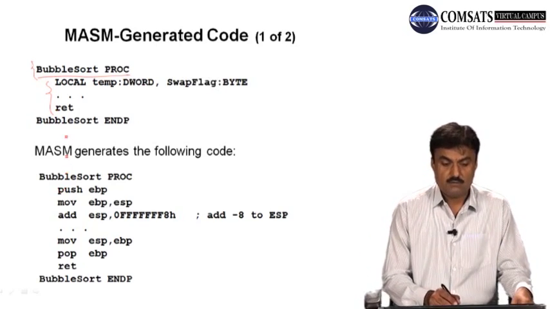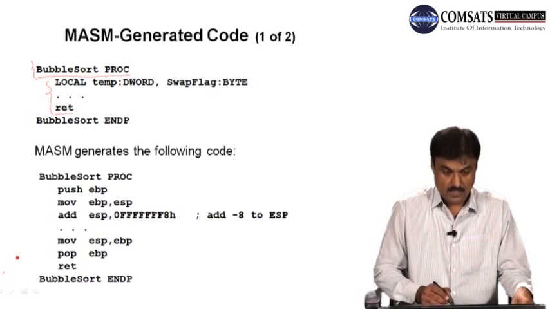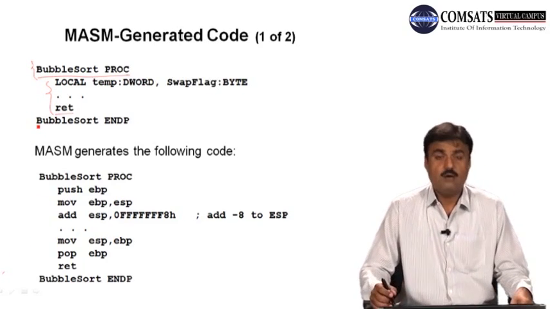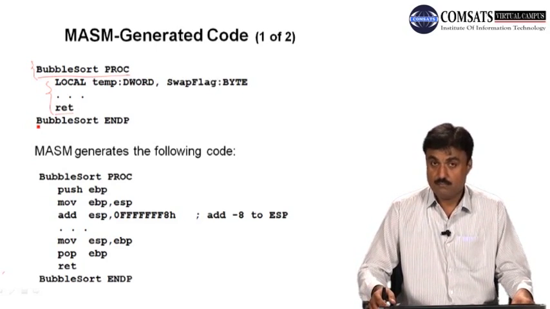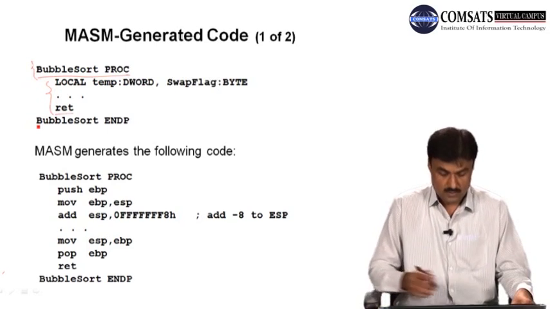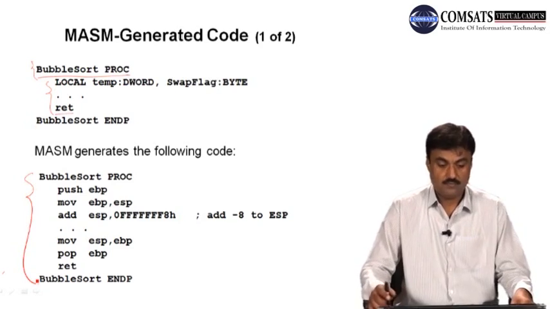And then there is the body of this whole procedure, and the last instruction is the return instruction, and this is the end of the procedure here. Now when we write this type of procedure, what type of code will be generated by the macro assembler? So this is the code that will be generated by the assembler.